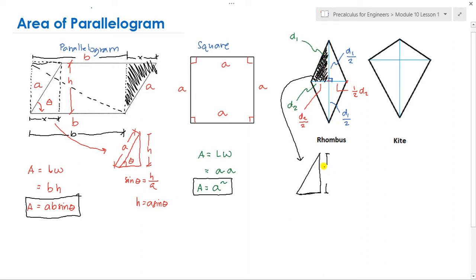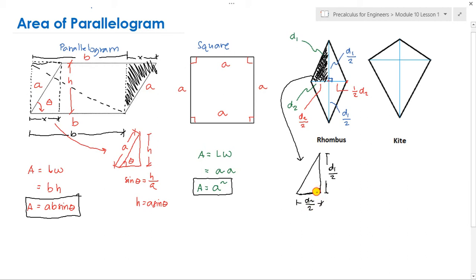What is the distance in this side? This is equal to D1 over 2, right? D1 over 2. The length of the longer diagonal divided by 2, and this one is the length of the shorter diagonal, D2 over 2.